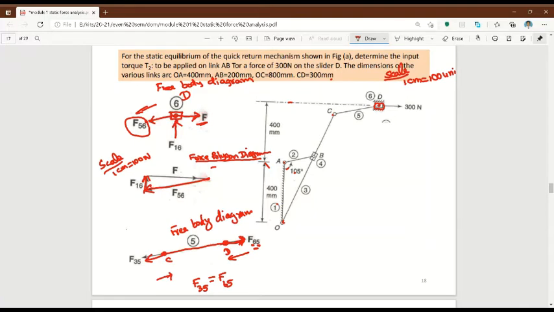See, why are we doing this kind of calculation? Actually, we have to find the torque acting on link AB.